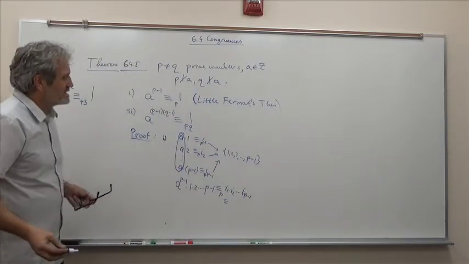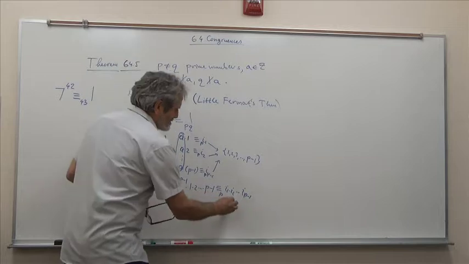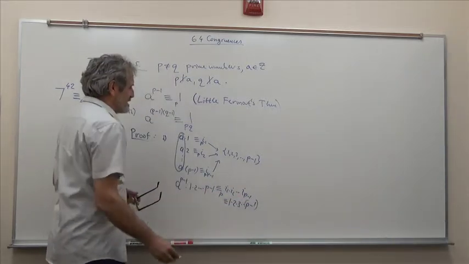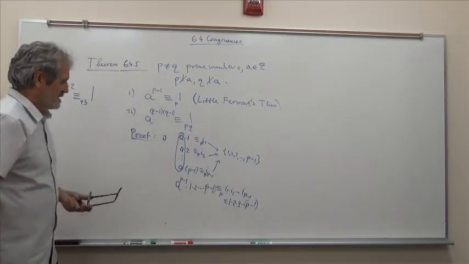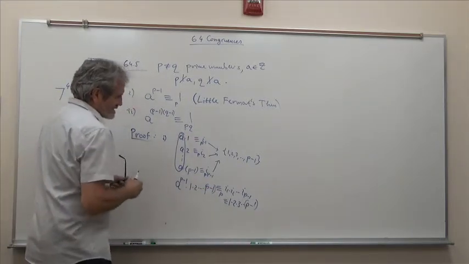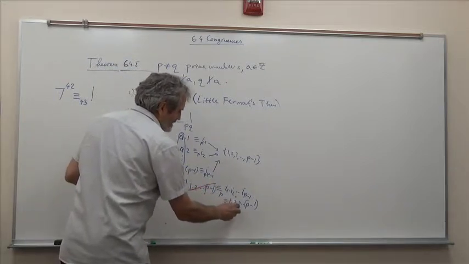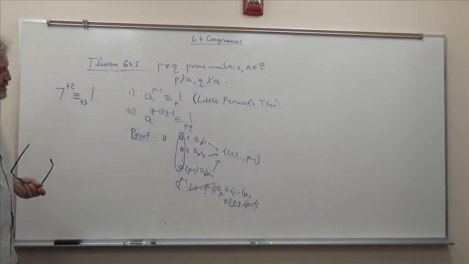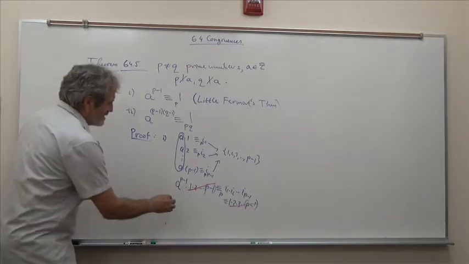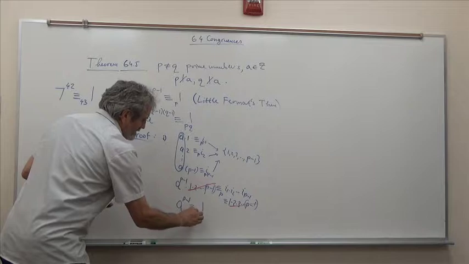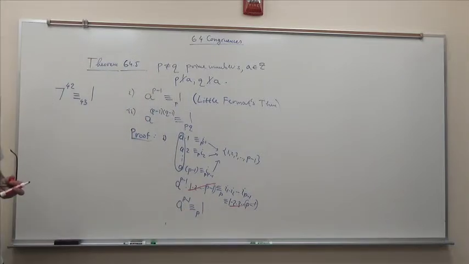I don't know which one is which, but for a product it doesn't matter. They are basically the product of the first p minus 1 numbers. Then I cancel, and I can cancel congruences if the number is relatively prime to the modulus. I'm using another property that we didn't prove here, but it's easy to prove. We get a to the p minus 1 is congruent with 1 modulo p.